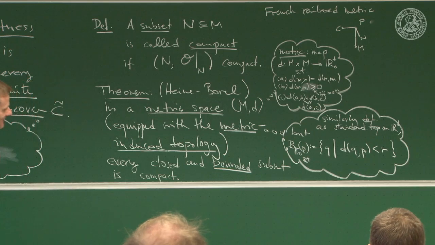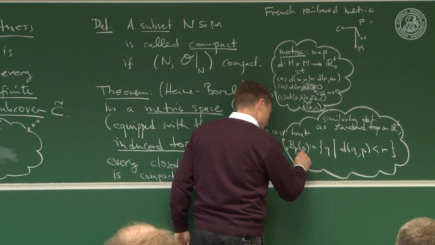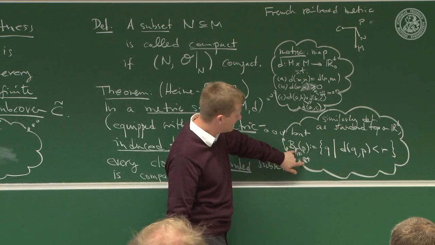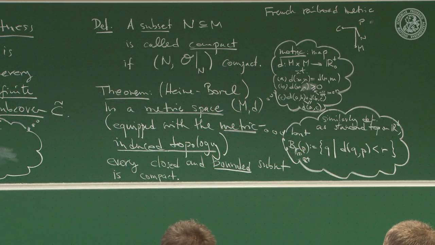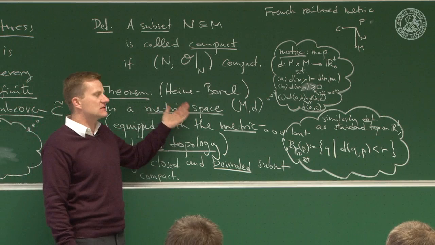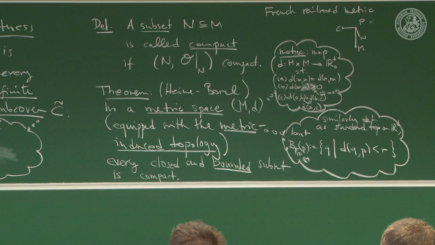My notation gets more and more cryptic, but this R is just supposed to be a non-negative real number. So that's Heine-Borel, and obviously in many circumstances you would have a metric space, so it's very easy to decide for a closed and bounded subset that it's compact.